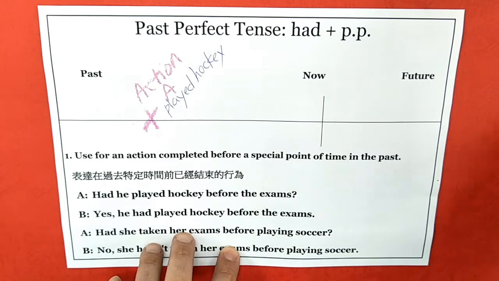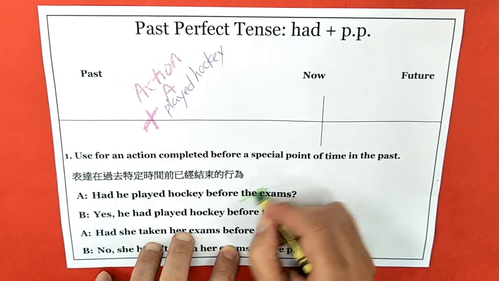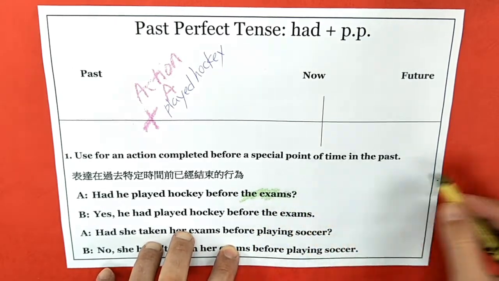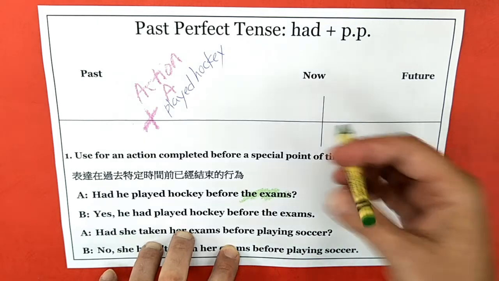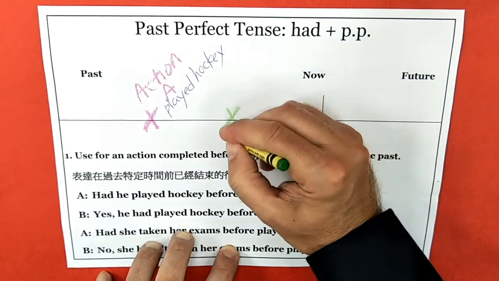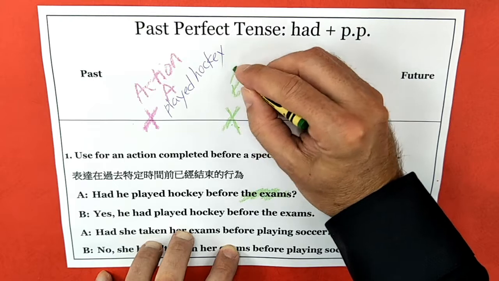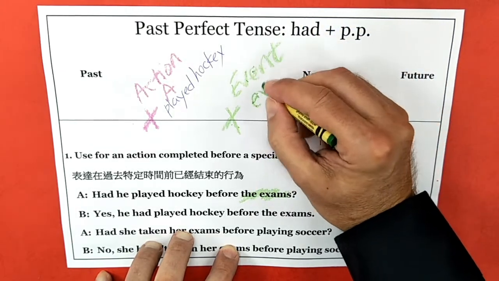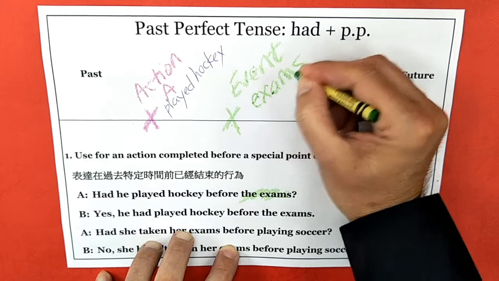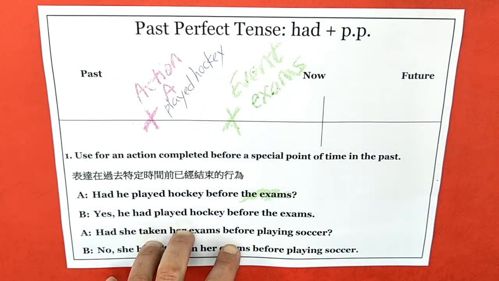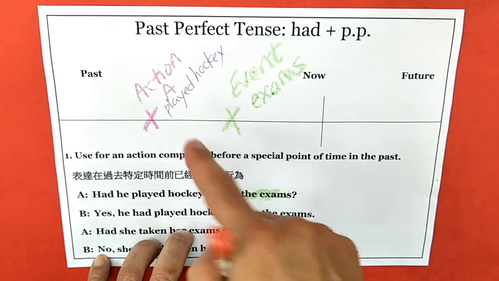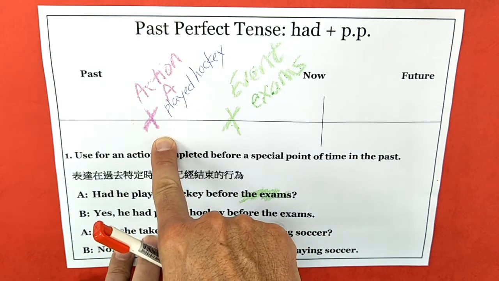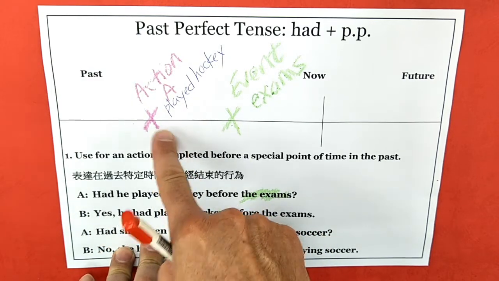He had exams. Exams. So here are the exams. This is an event or a time. And that was the exams. Okay, so he starts playing hockey.